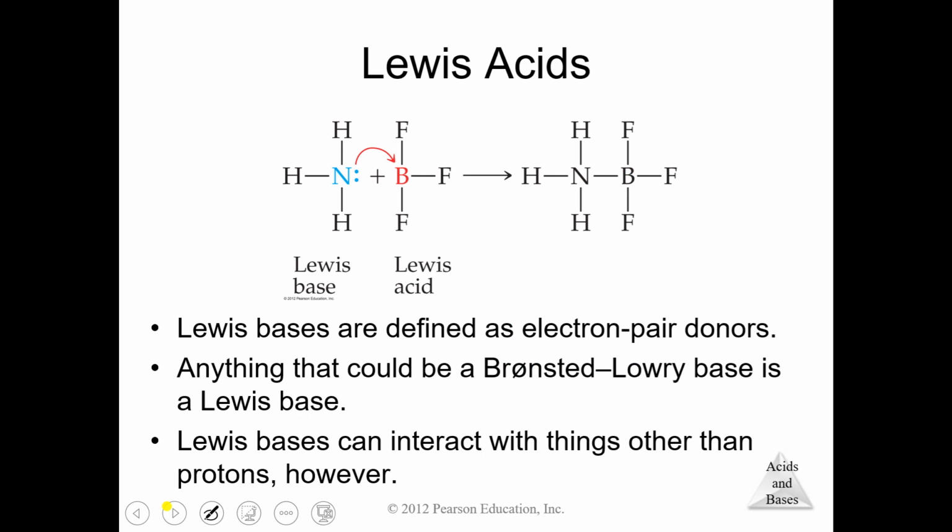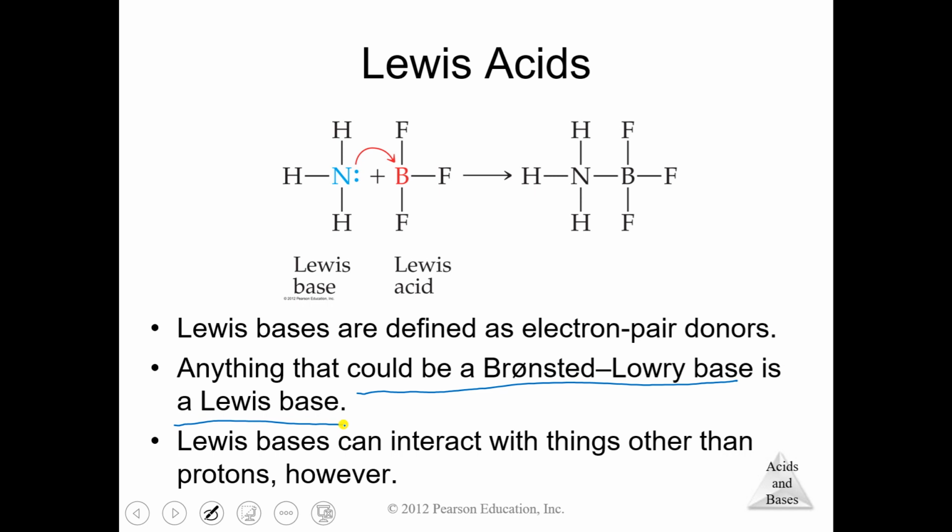So when we talk about this, it's important to understand that, yes, Bronsted-Lowry is a great definition for figuring out what's an acid and what's a base. But the reality is anything that can be a Bronsted-Lowry base, remember Bronsted-Lowry bases are the hydrogen acceptors, is a Lewis base. Okay? They're the same.